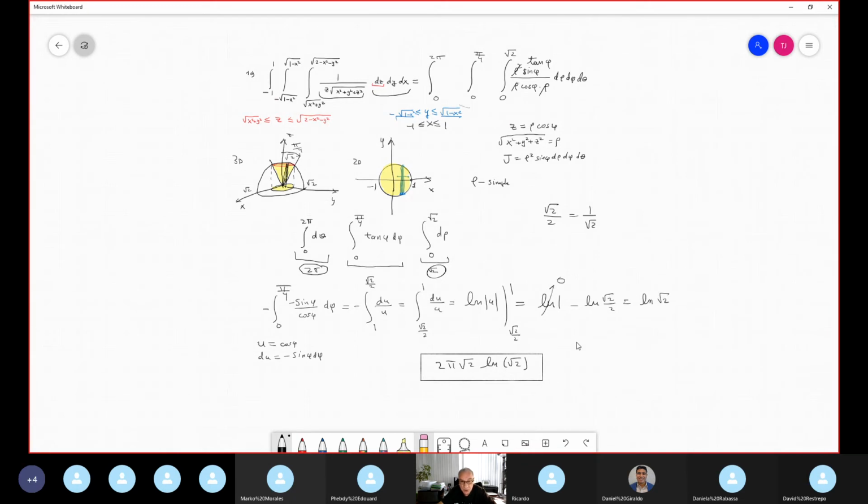Done. Finish calculus 3 in the other university and start a new subject, vector calculus, because in vector calculus we are working with a different mathematical object. It's a vector field. We need to understand the vector field first, and after that you apply calculus to the vector field.